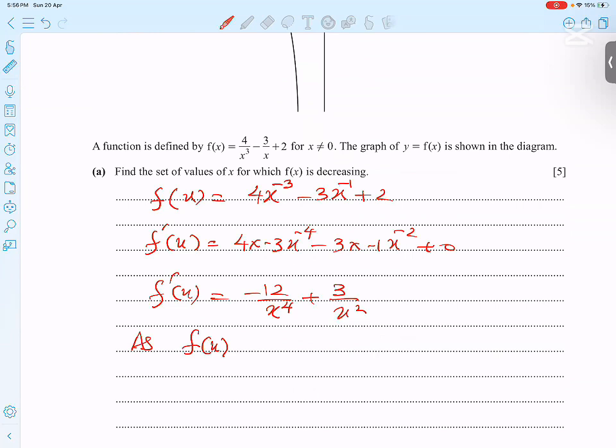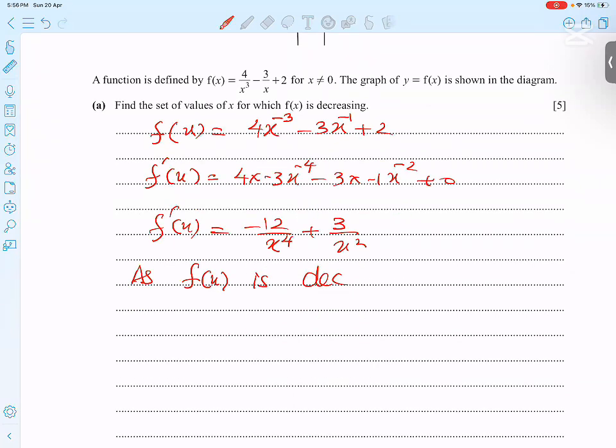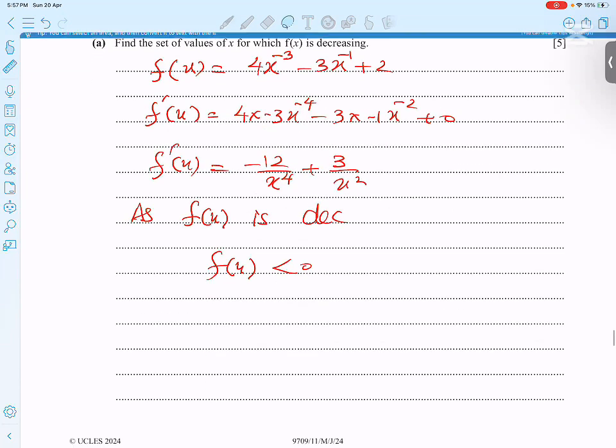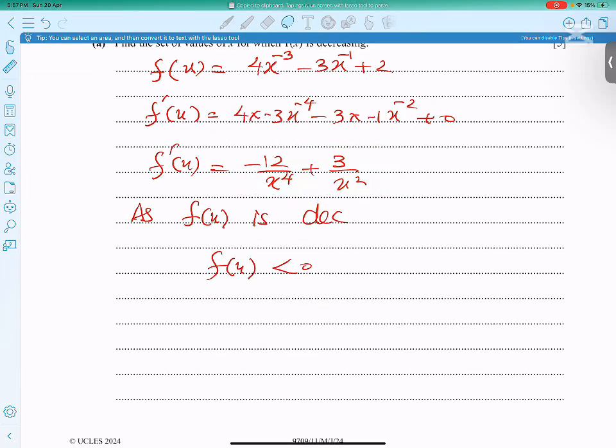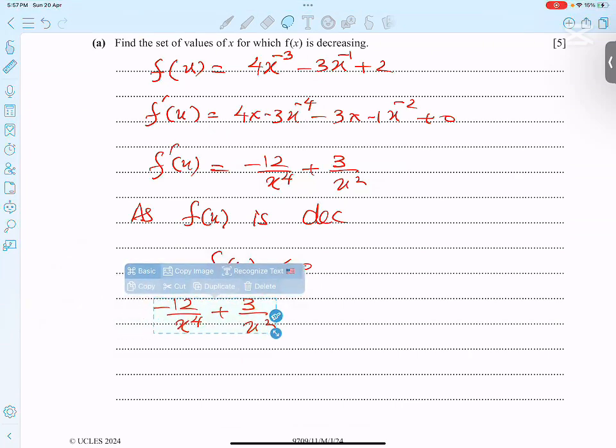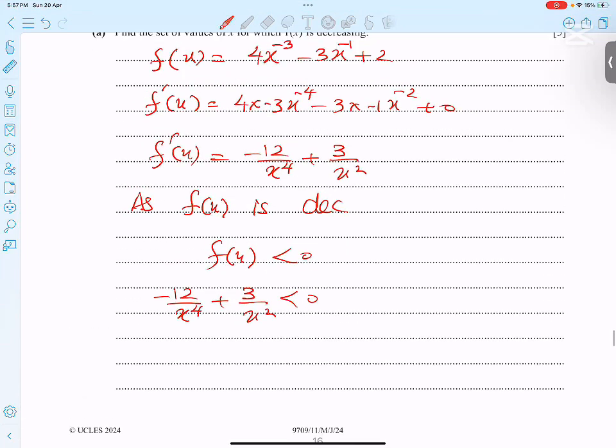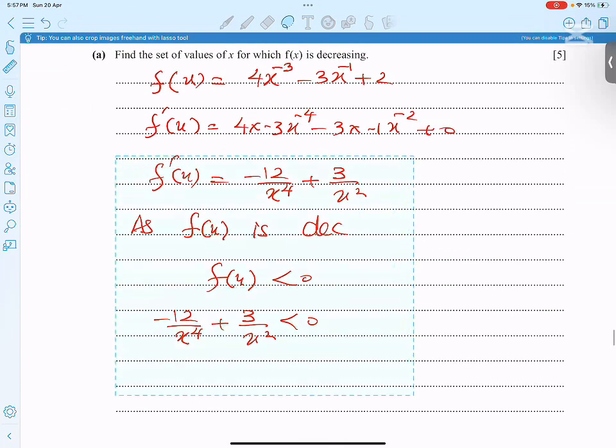Now as f of x is decreasing, I can say f dash of x is less than 0. So I'm copying this whole and pasting here. Okay, let's try to do it because maybe we need some space.